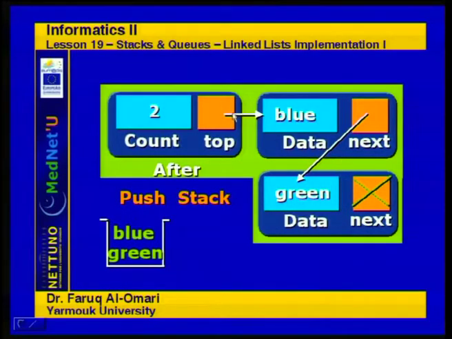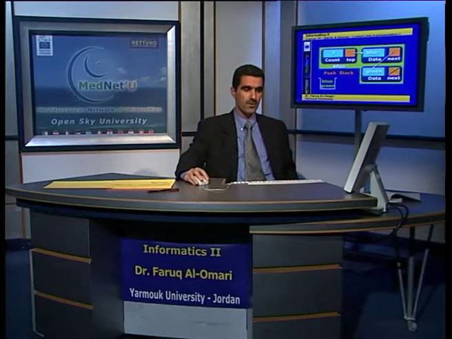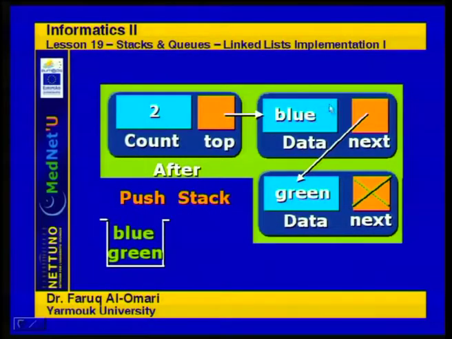And then instead of having this pointer top pointing to green as it was before, I can now change it to point here safely without losing any data, because this data is already pointed by this arrow in here. I'm not showing all the steps because it's very straightforward and simple, and you know it. So at the end of this, I'm going to have a count of 2 now, because I have 2 nodes, and this is the conceptual view of the status of my stack.